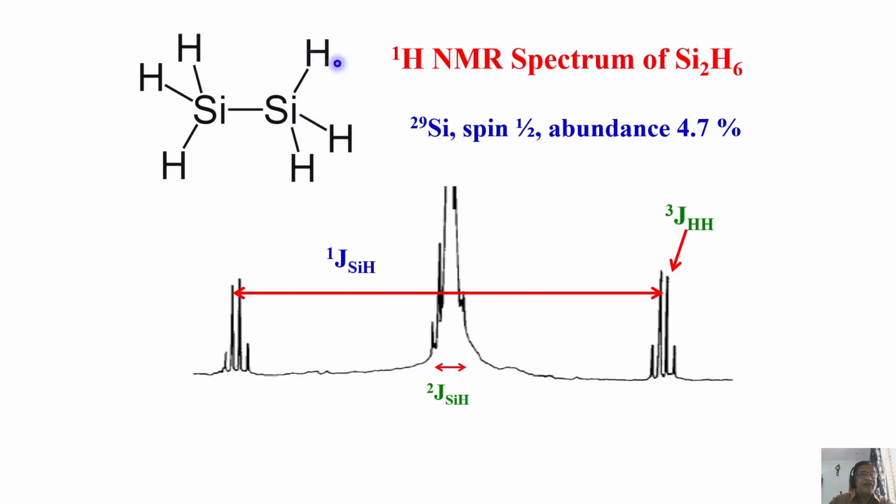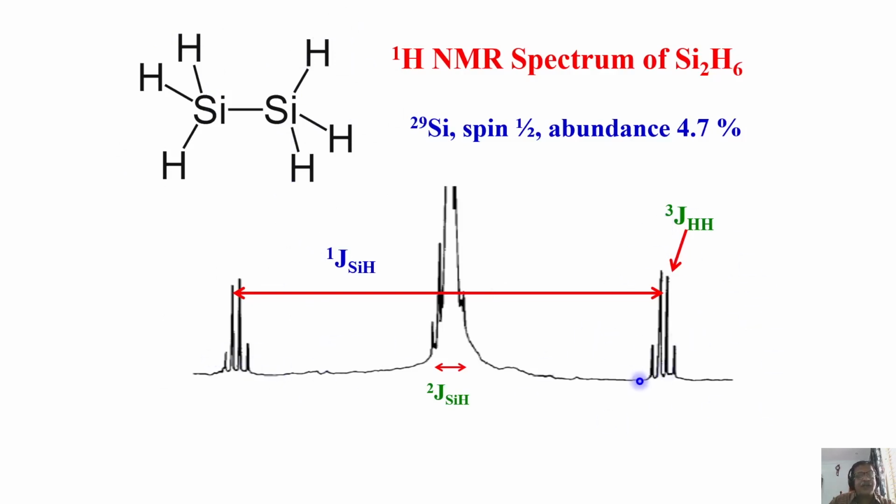This SiH3 group and this SiH3 group are not the same. When I consider the silicon, they are different. So this can split this, or this can split this. As a consequence, now these equivalent protons are split by the SiH3 group into a quartet. So satellites are appearing like a quartet.